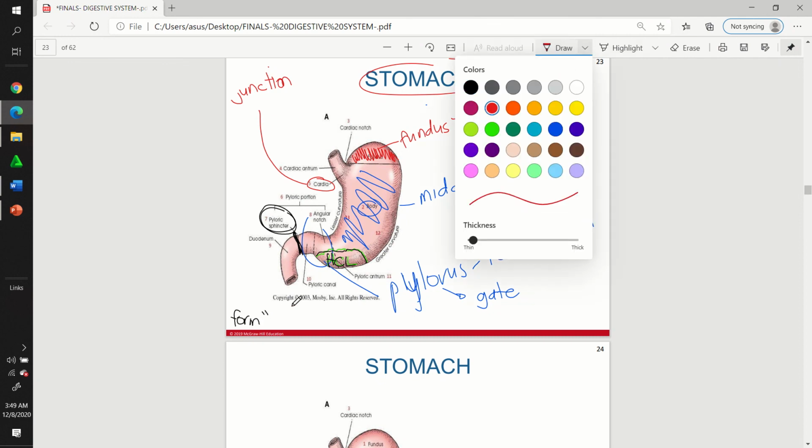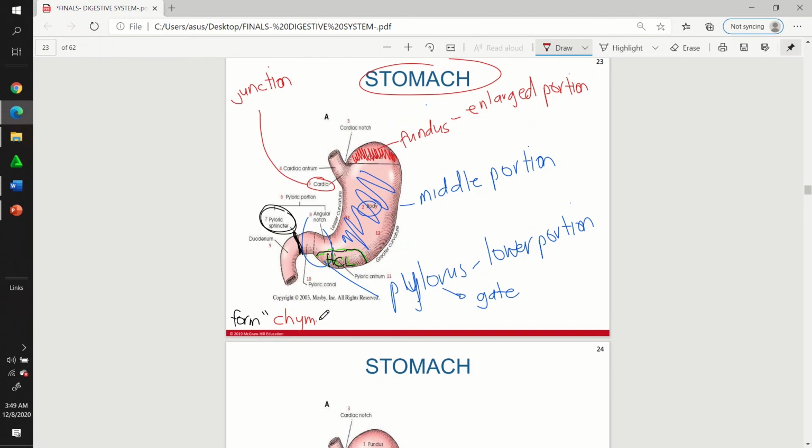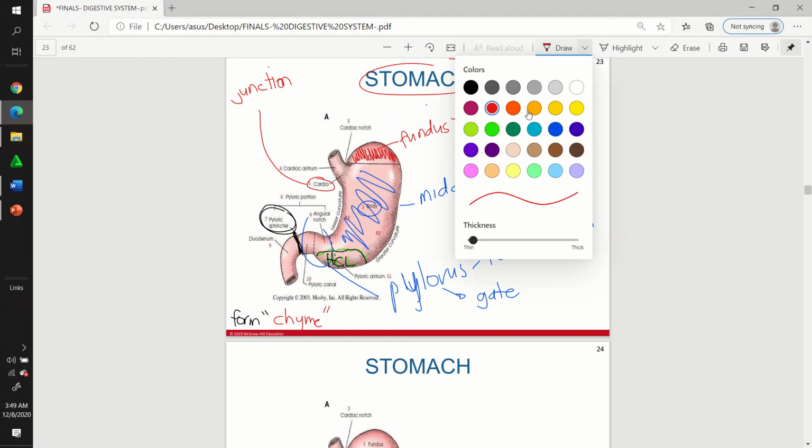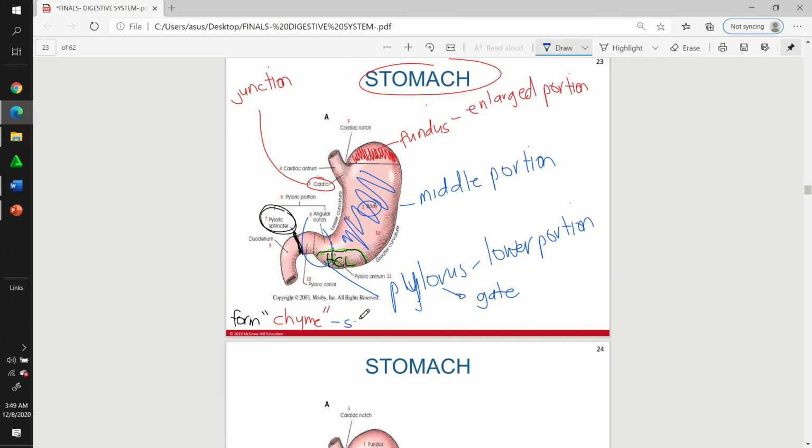This is actually a board exam question. Your chyme is a paste-like, semi-fluid substance.